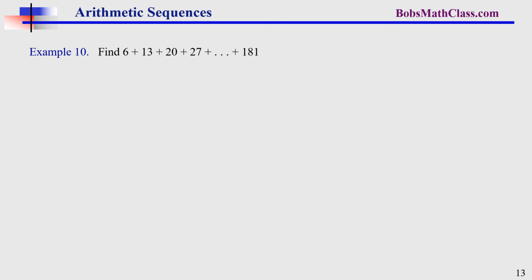Okay, here's our next example. This is to find the sum, again the sum, but it's not an infinite sequence, it's a finite sequence. 6 plus 13 plus 20 plus 27 plus ... plus 181.